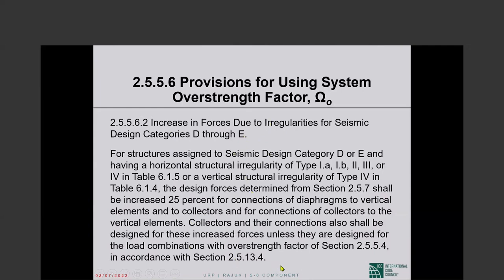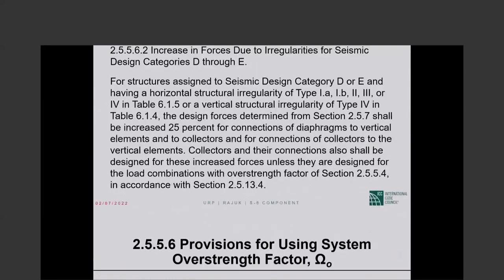I think maybe in the next segment we will discuss what is said here, but not now. This is telling you that the collector elements, in a roundabout way, you'll be very confused if you read it, but it is essentially telling you to design the collector elements using the load combinations with overstrain factor.